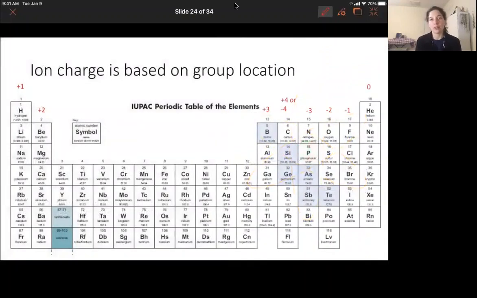Another interesting trend on the periodic table is that these ion charges that atoms tend to adopt are based on where they're located on the periodic table. So we saw our hydrogen form a +1. We saw our chlorine here form a -1. Every other element in that column with those elements forms the same charge. So lithium forms a +1.